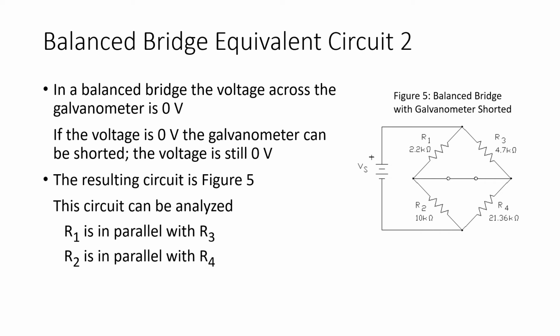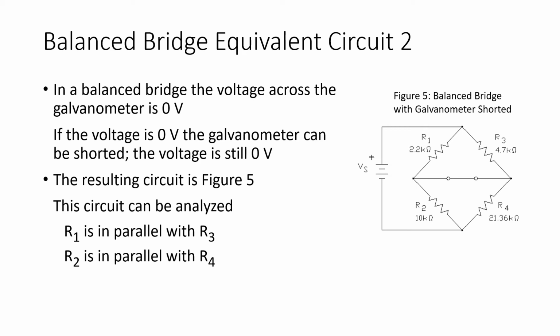And the circuit of figure 5 can be analyzed with our traditional series parallel circuit analysis techniques, because R1 is in parallel with R3, R2 is in parallel with R4. So I can reduce the parallel combination of R1 and R3 into a single resistance.